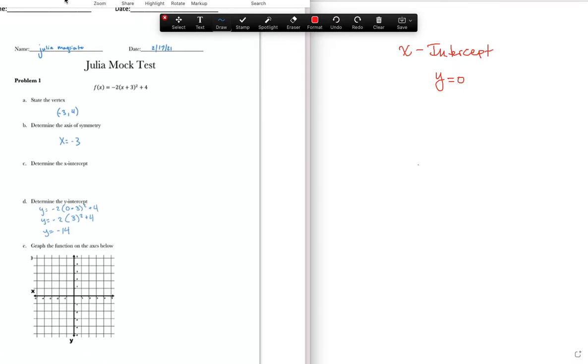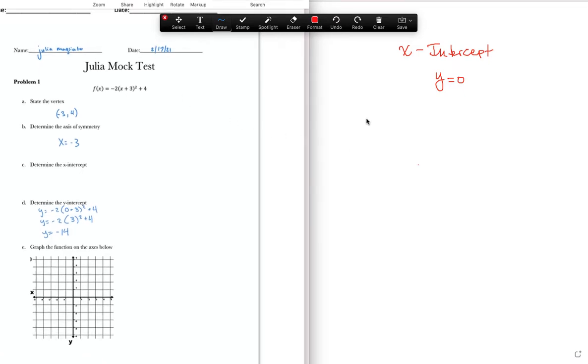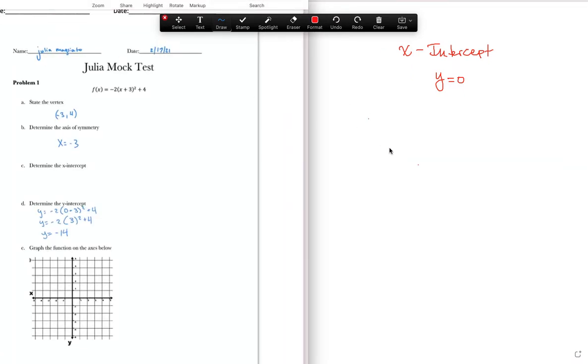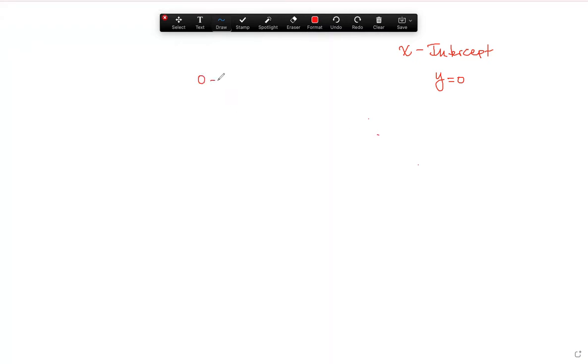Excellent job. Okay, so if we set y equal to 0, well y is f of x, we know. So that means set f of x equal to 0. So what we have is 0 is equal to -2 times x plus 3 squared, and then plus 4. So talk to me. Where do I go from here? Well, I guess you would square x plus 3.